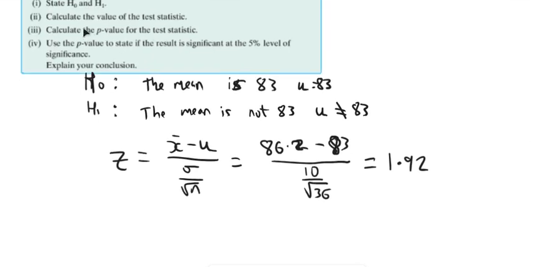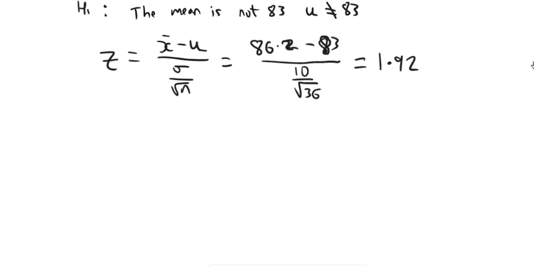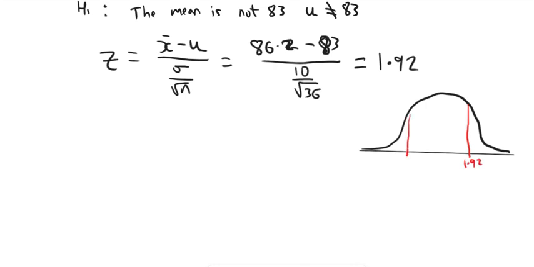Next, calculate the p-value. On the normal distribution curve, our 1.92 would be up here, and we want all of this area. So we're going to get the probability of z being greater than 1.92, and then multiply that by 2.